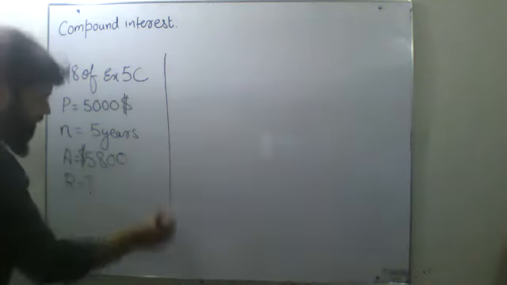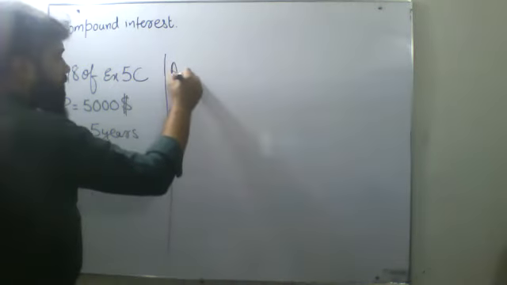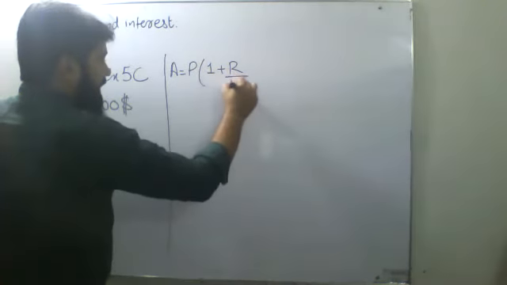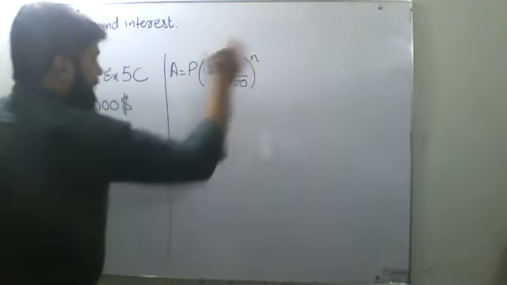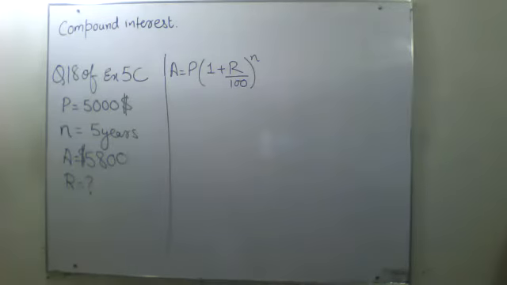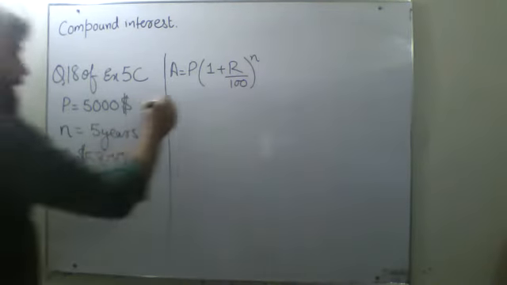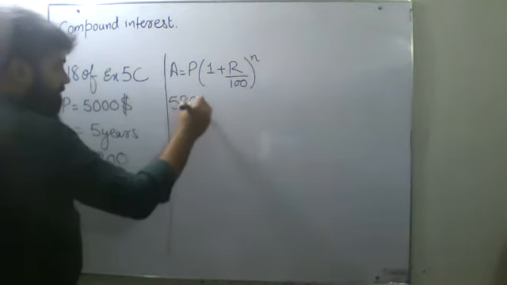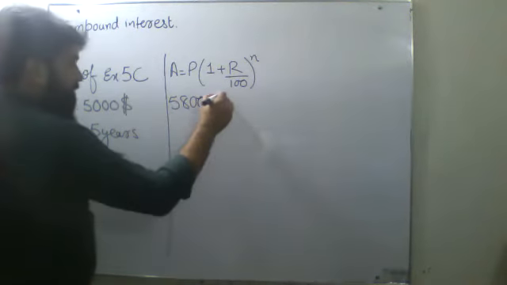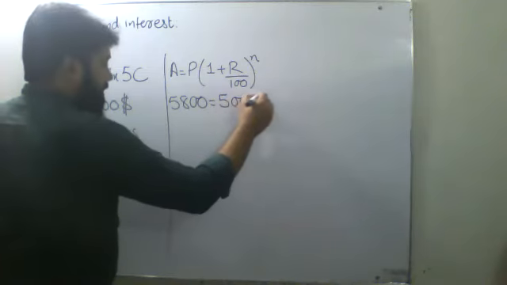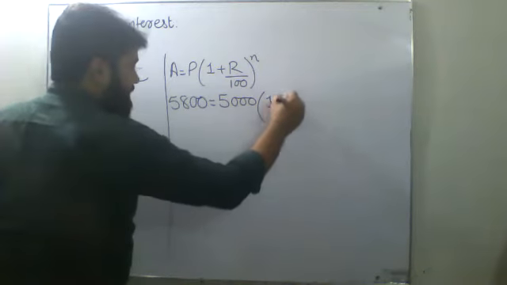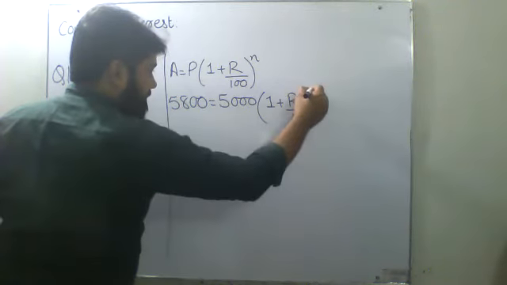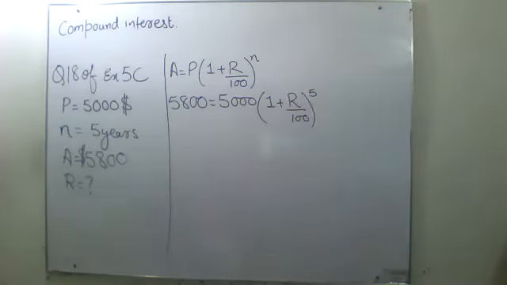Okay. Writing the formula. Formula is A equals P(1 plus R over 100) whole power n. Right? Now, what is A given? 5800. What is P given? 5000. 1 plus R is missing. This is 100, and this is power 5.